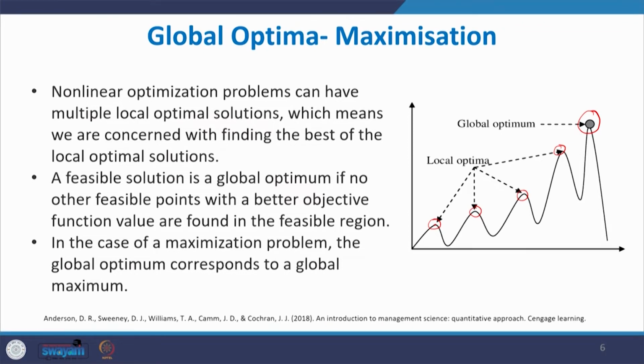A feasible solution is a global optimum if no other feasible point with a better objective function value is found in the feasible region. You see, this is our global optimum, because no other value is better than this. In the case of a maximization problem, the global optimum corresponds to a global maximum.